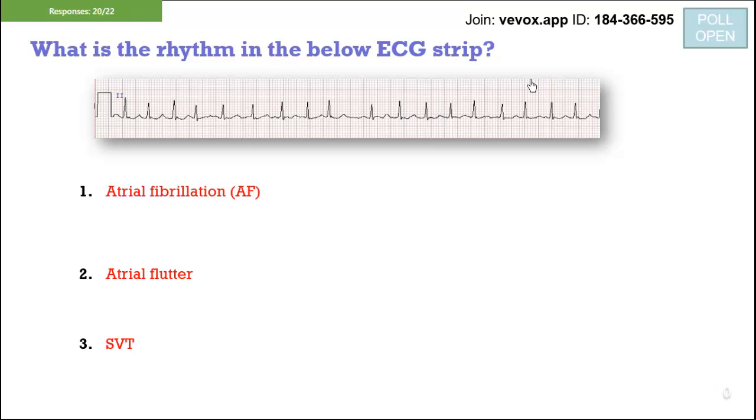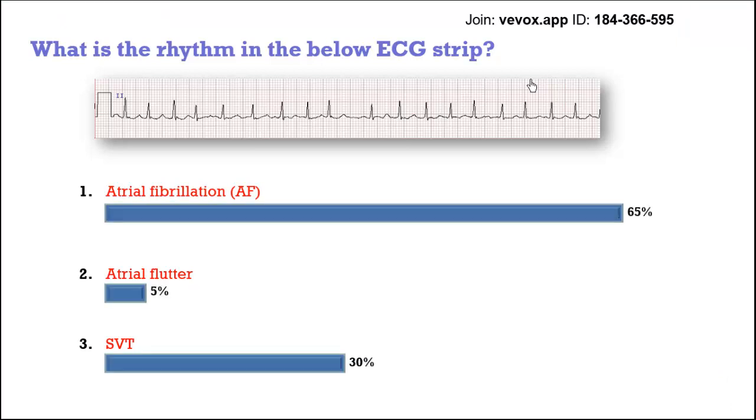Although I said it's not atrial flutter, still some people want to choose it, no problem. At least the majority is going to atrial fibrillation, so it's good. Once we have no P wave, irregularity, as you can see, nothing else, it's AF, atrial fibrillation, okay? So once we have no P wave, what is the difference between SVT and AF?